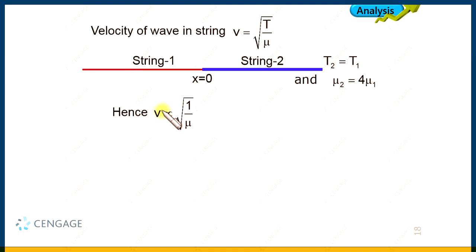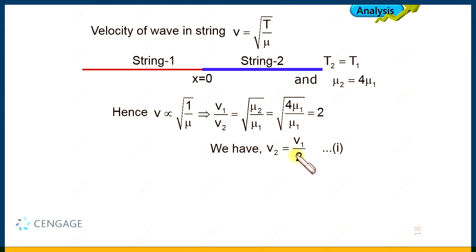Now we can write V1 by V2 equal to under root of mu2 divided by mu1. Now we can write mu2 equal to 4 mu1. So this is under root 4 mu1 divided by mu1, and this is equal to under root 4, and that is equal to 2. Okay. Now we can write V1 by V2 equal to 2, or you can say V2 equal to V1 divided by 2. Let us call this equation number 1, right?